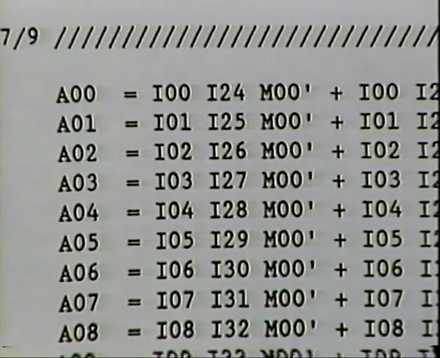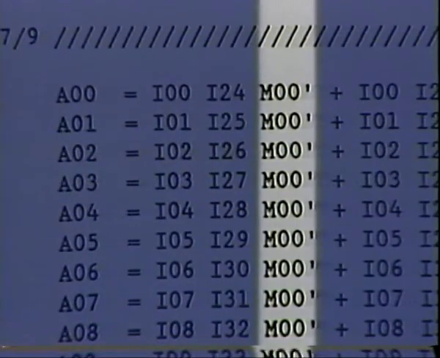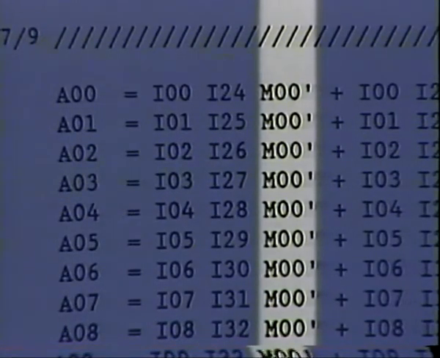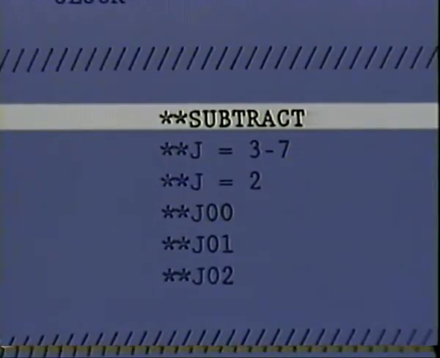In the 3AS Boolean, we see that the I terms make the A terms. M0 is also used to make the A terms. The M0 term comment states that it is a subtract signal. We're doing an add, so M0 is a 0.